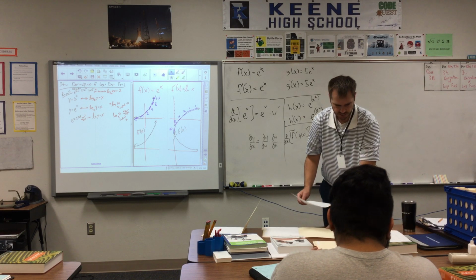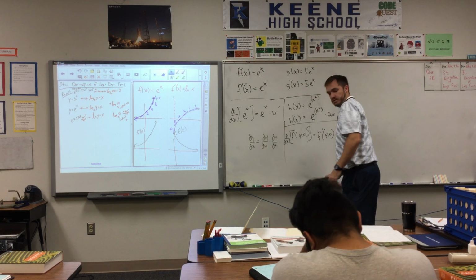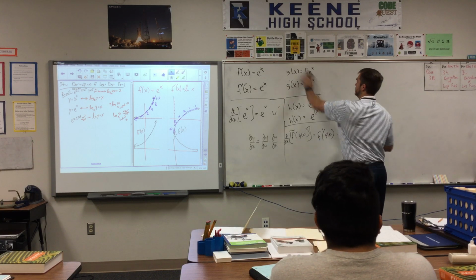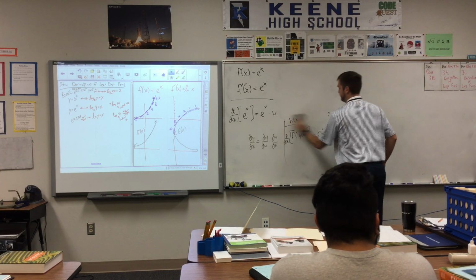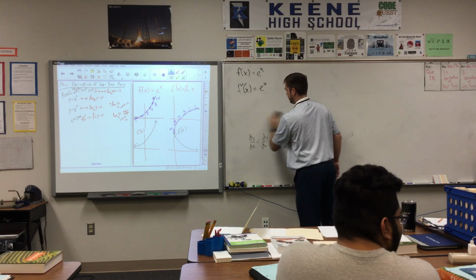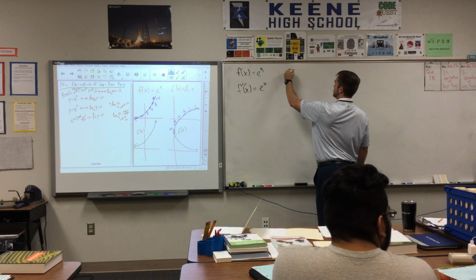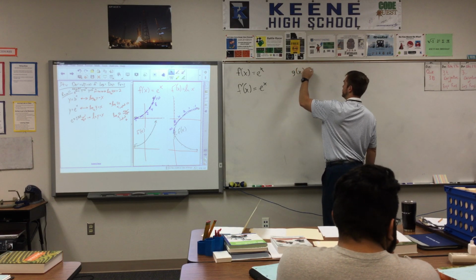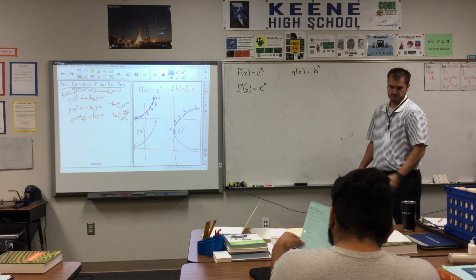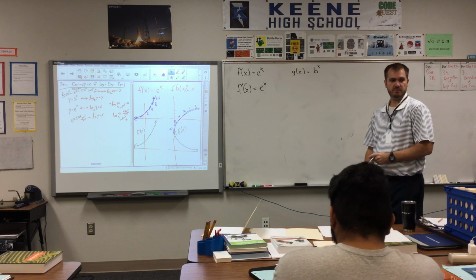Let's do the derivative of a number that is not e to the x. So let's say g of x equals b to the x, and let's find the derivative of that.